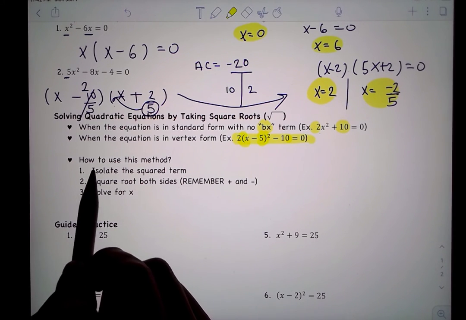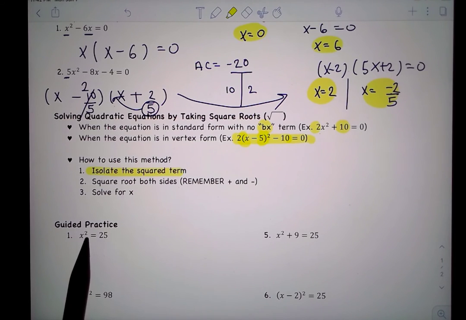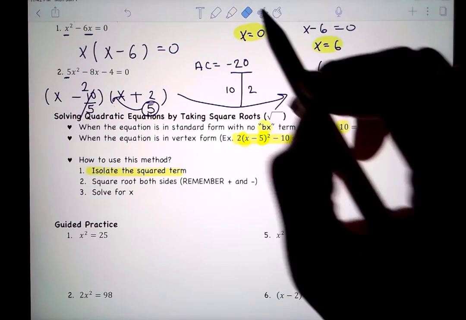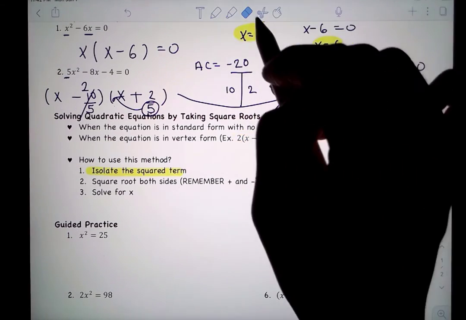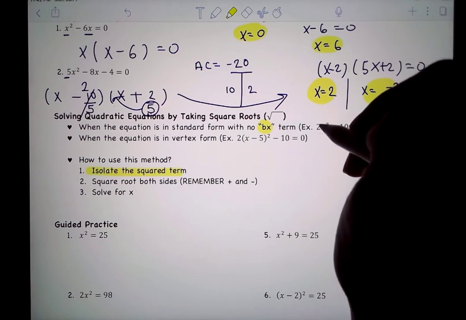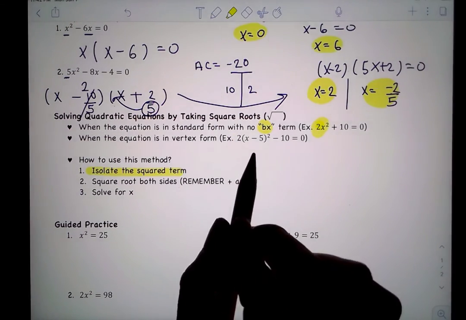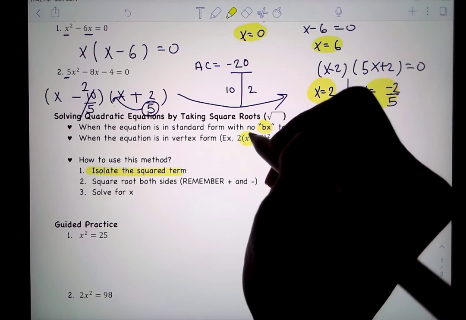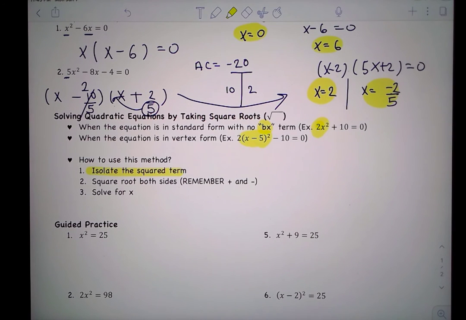And how to use this method? First, you isolate the squared term, whatever the squared term is. Let me mark it over here. From this one, your squared term will be that one. And from this one, your squared term will be this parenthesis, right? Those kinds of things, you need to isolate. That means you isolate that term on one side; otherwise, you have to move it to the other side.